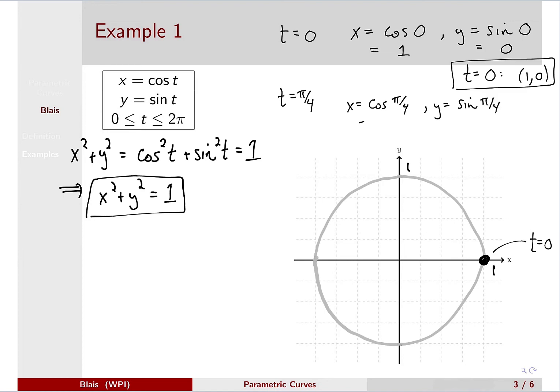And we know that these values are root 2 over 2. And so at time pi over 4, that is our point. Root 2 over 2, root 2 over 2, which puts us about here.